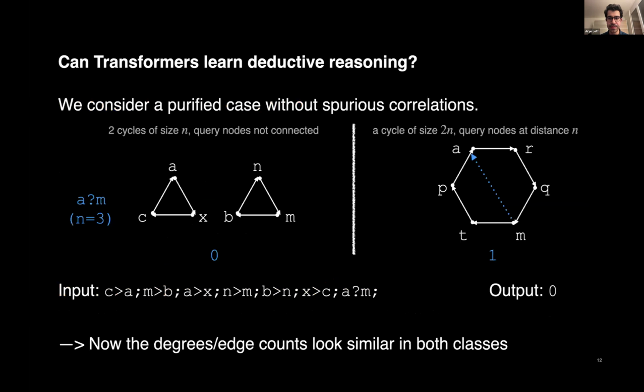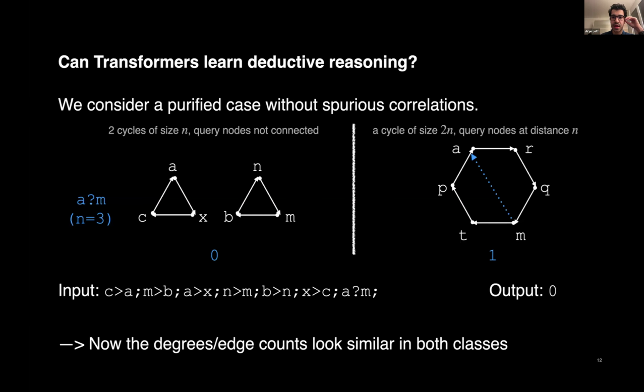To have a distribution that really measures whether the transformer is doing the correct reasoning, we created a new dataset, which is our main dataset for the rest of this talk. For a number n, we have 2n nodes and 2n edges between them. These nodes and edges form either 2 cycles of size n or one cycle of size 2n.